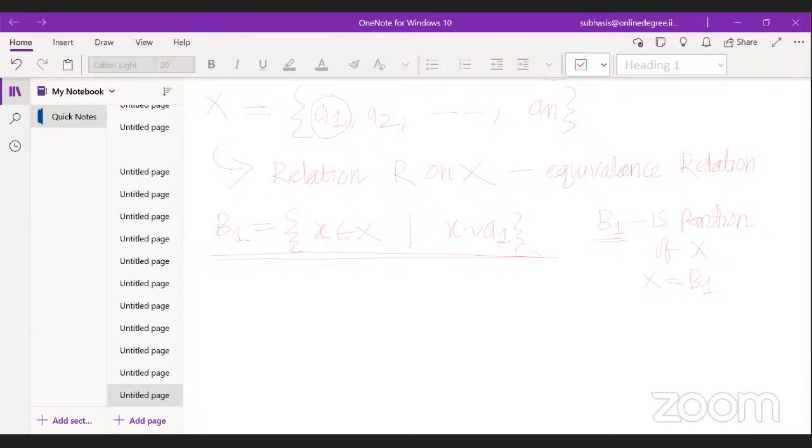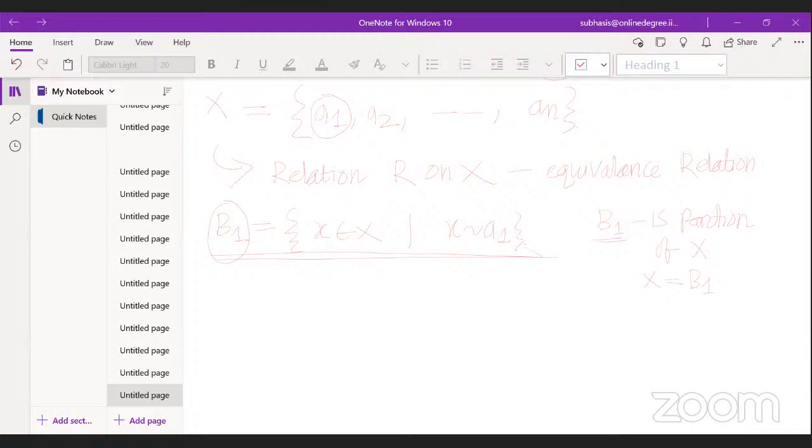First, you take an element A1 and you try to construct the set B1. B1 contains all the elements in the set X which are related to A1.